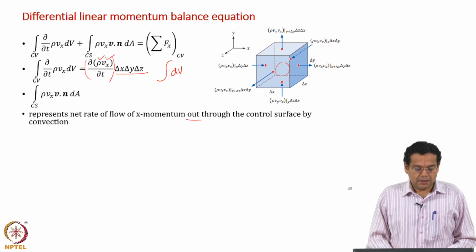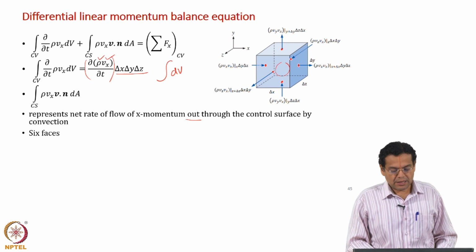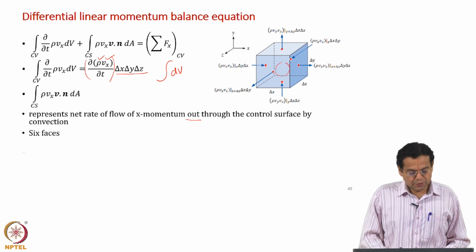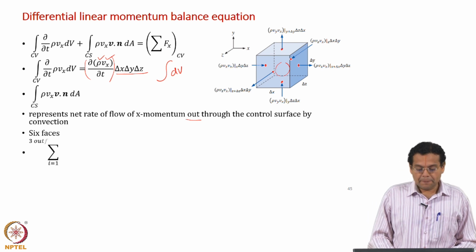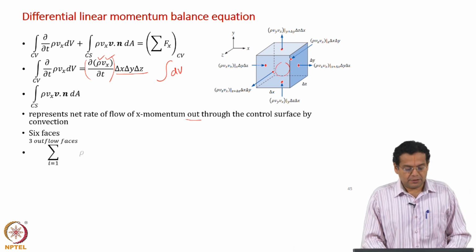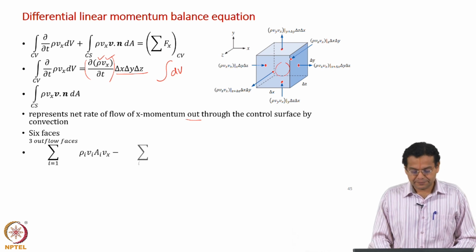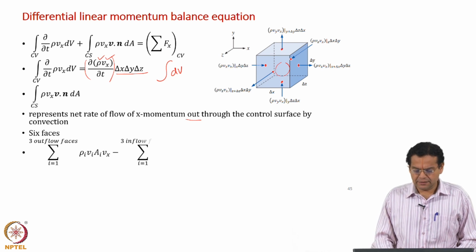Now, there are 6 faces for this cuboidal control volume. If you express this convective momentum for the 6 faces, this is how we represent it, as we are seeing here.